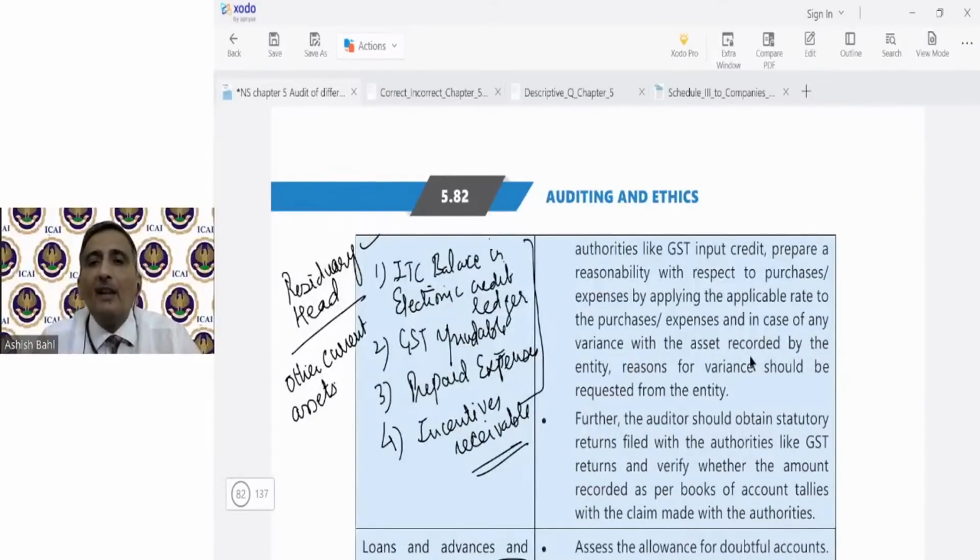So how to verify all these items? For testing assertions of existence, completeness and valuation pertaining to these items, you have to understand the nature of these items. तो आपको ये देखना पड़ेगा कि उस आइटम की नेचर कैसी है. जैसे आप ITC बैलेंस जो क्रेडिट लेजर में है, वो अदर करंट एसेट्स में आ रहा है, तो वो चेक करना चाहते हैं, तो obviously you would see the balance lying on the portal.